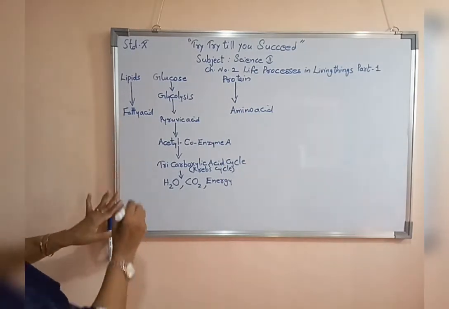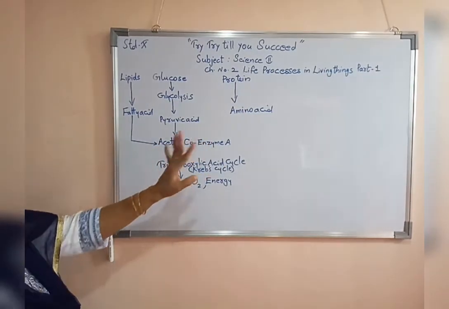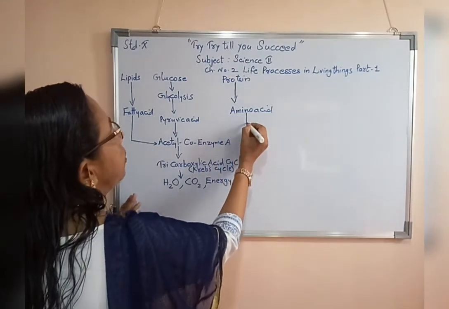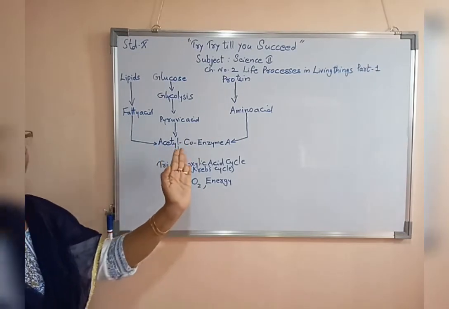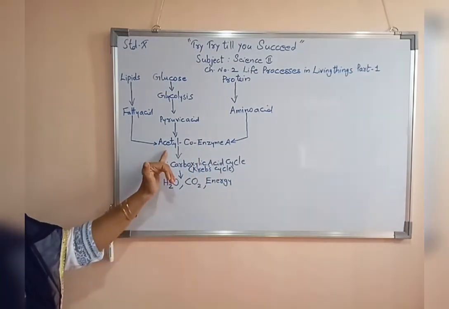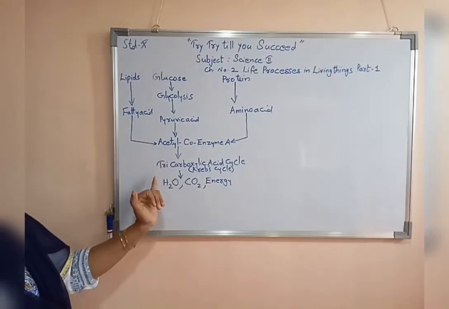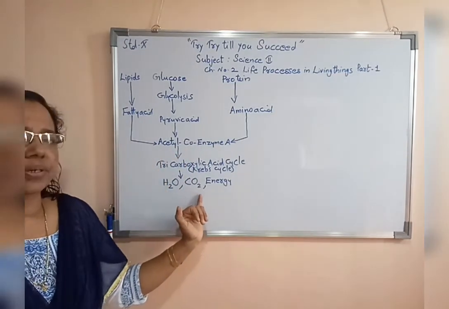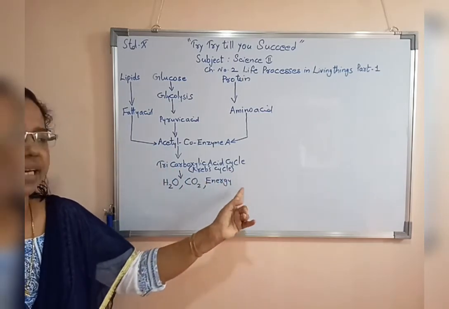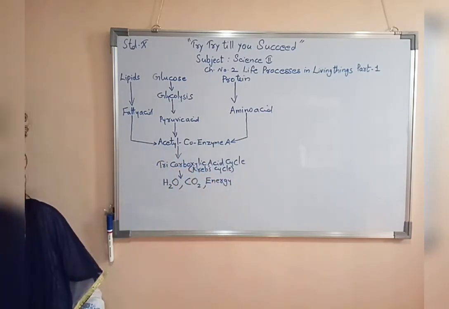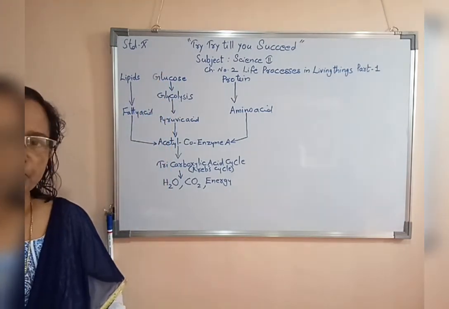Then this fatty acid is transformed to acetyl coenzyme A. Similarly, amino acid is transformed to acetyl coenzyme A. After that, this acetyl from acetyl coenzyme A is transformed to water, carbon dioxide as well as energy by the tricarboxylic acid cycle or Krebs cycle. This is the flow chart of aerobic respiration.